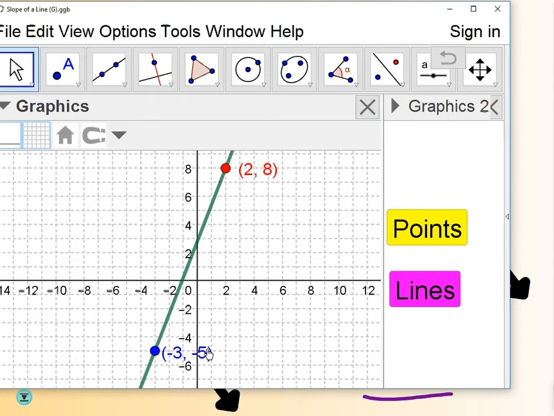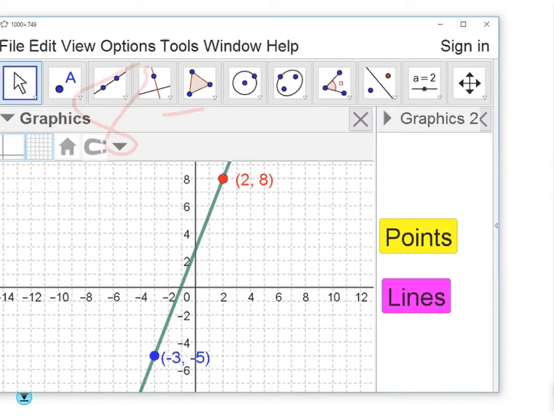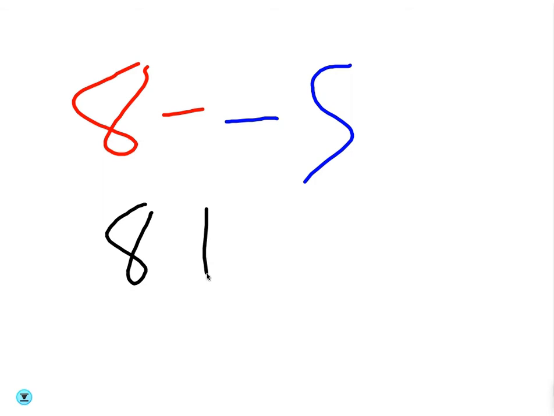So instead of actually counting all the way up to the red point, if we just take this y value and subtract this y value, we can quickly find out what the vertical rise is. So what I'm going to do is do 8, which was the top y value, go back down and see the bottom y value is -5, so we're going to be subtracting a negative number, which becomes 8 plus 5, which becomes 13.